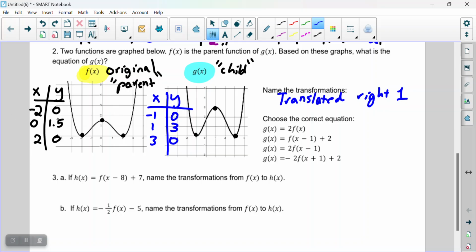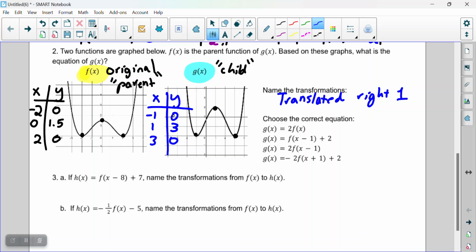Now the y's could be moved by an up and down shift. They can be moved by a stretch and compress. And they can be moved by a reflection. Let's talk about up and down shifts. Up and down shifts will add and subtract. Well, it went from 0 to 0.